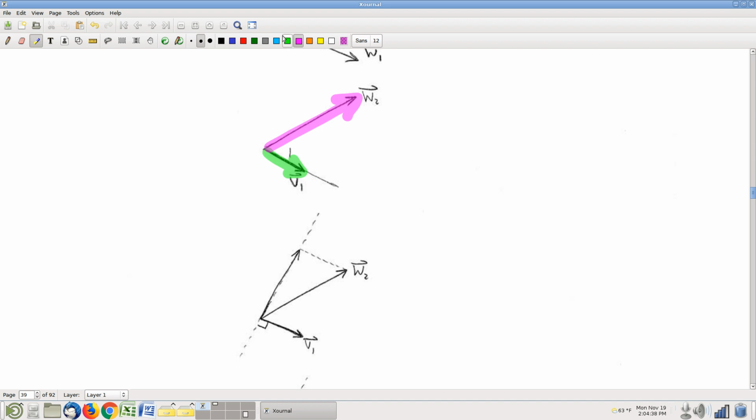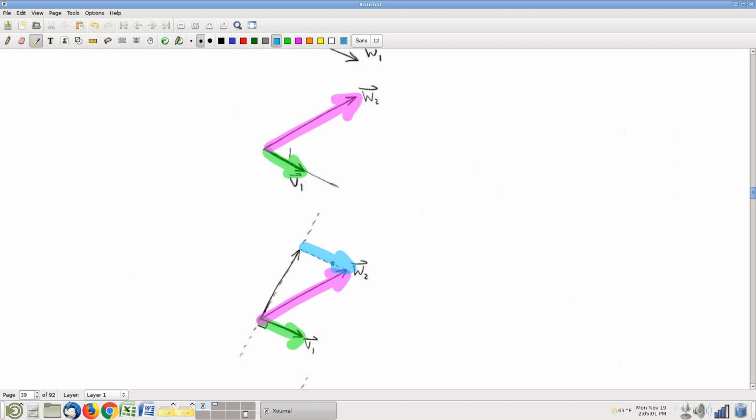So here's all we're going to do. We're going to take our fixed vector, and the vector that we want to subsequently fix. We're going to identify how much of W2, which has not yet been fixed, is actually pointing in the direction of V1, and then throw that away.